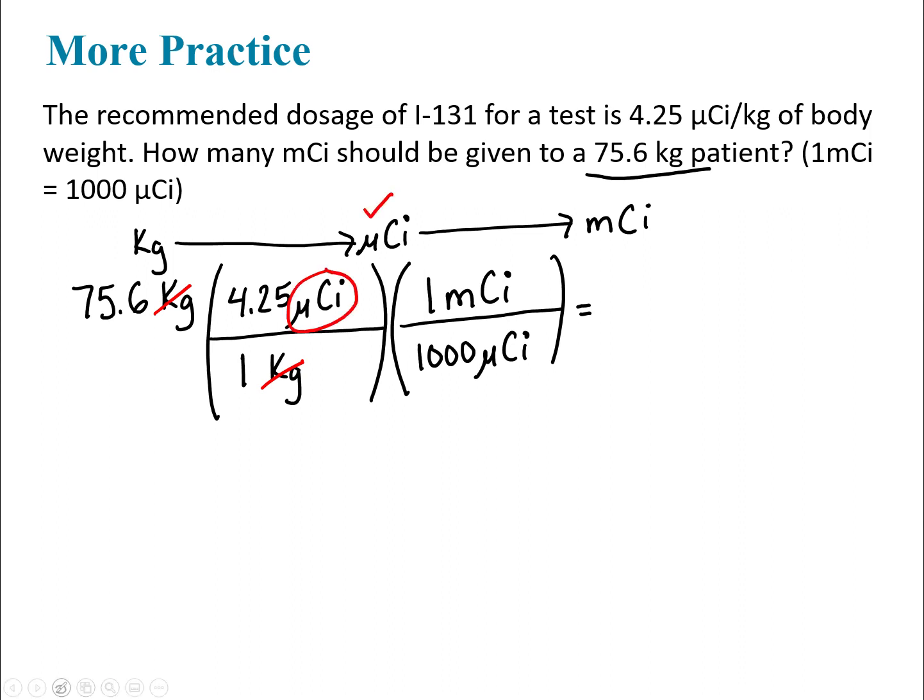Always do the unit analysis. In your calculator, you'd type 75.6 times 4.25 divided by 1,000.